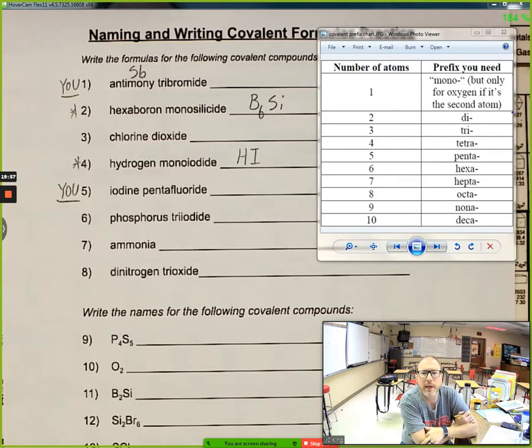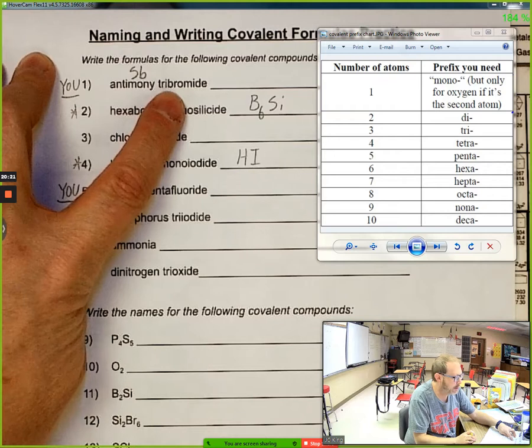Okay, getting some answers popping up in the chat there. Well, you forgot more than just the R, dear. We'll talk about it. Because you have to look up both elements. All right. So Sb is antimony.